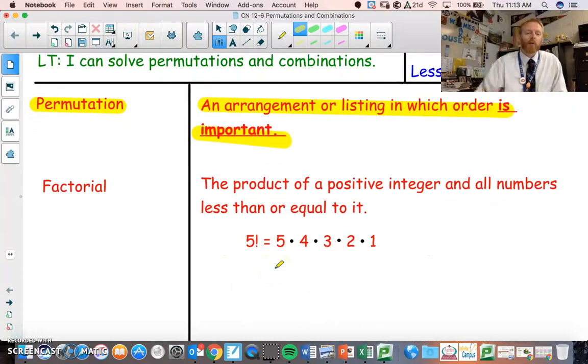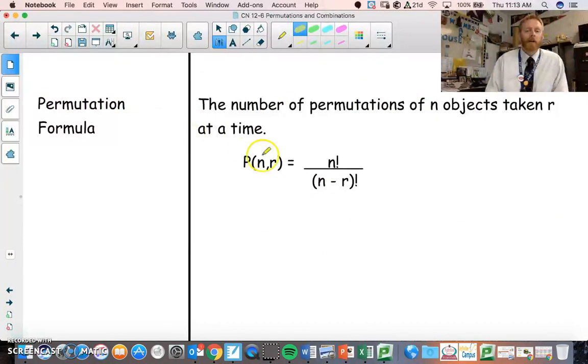A factorial is when we have this little exclamation point. It means that we're going to have the product of all of the positive numbers that are less than or equal to that. So 5 factorial means 5 times 4 times 3 times 2 times 1. So you'll see here my permutation formula is we're going to find the number of permutations of n objects taken r at a time.